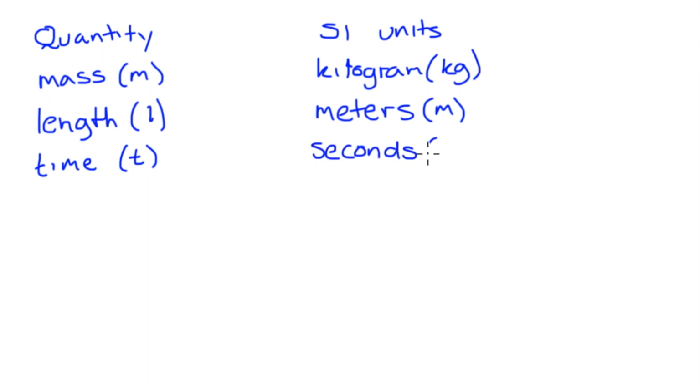Right now we're looking at a bunch of units that you see in day-to-day life, so they're pretty easy to remember. But now we're going to look at some units that you may not have seen.